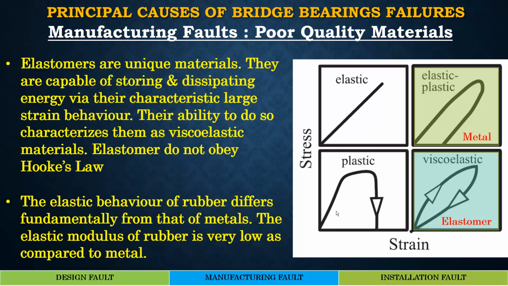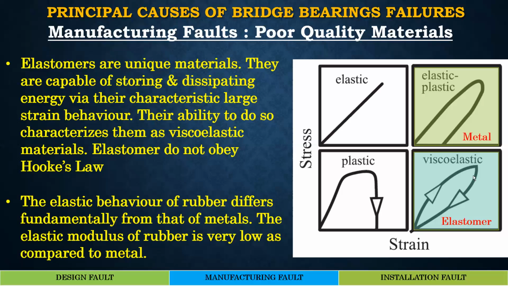If it is a plastic material, then when you release the force, there is no regain of the strain, and the strain is permanent. When you talk of elastic plastic material like metals, then once the yield line is crossed, if you release, there will be some permanent strain, inelastic strain.